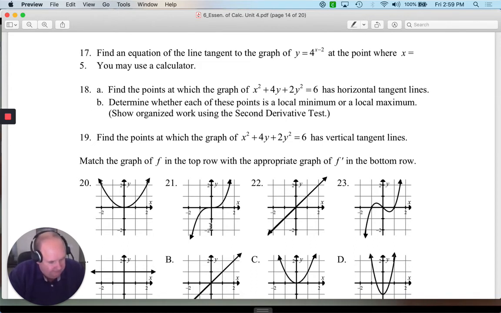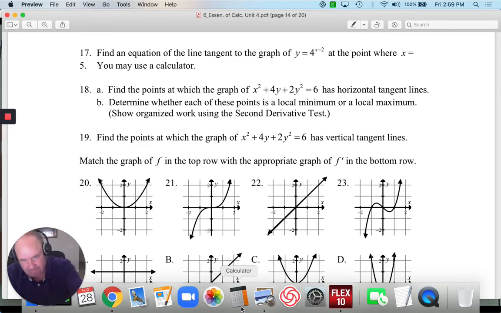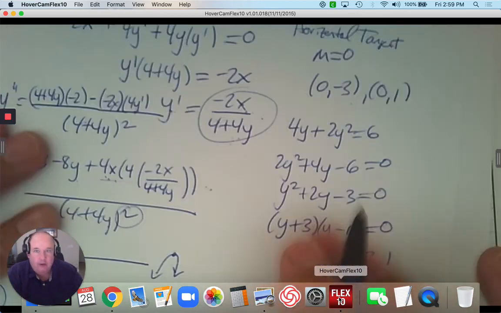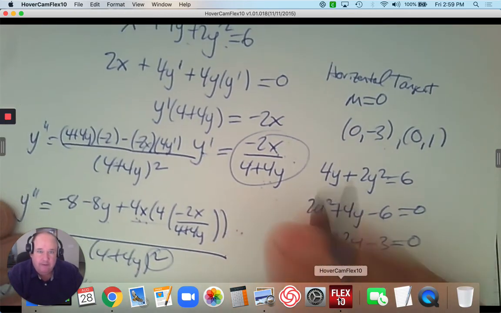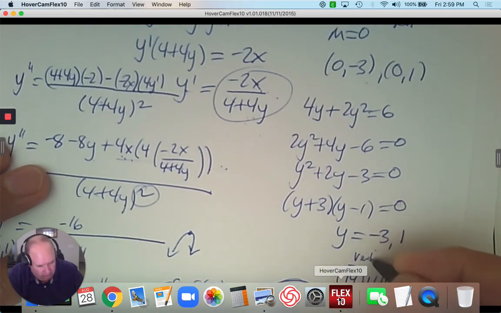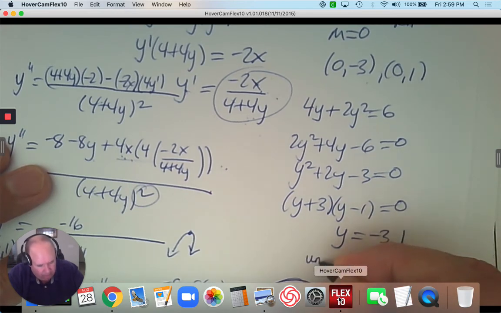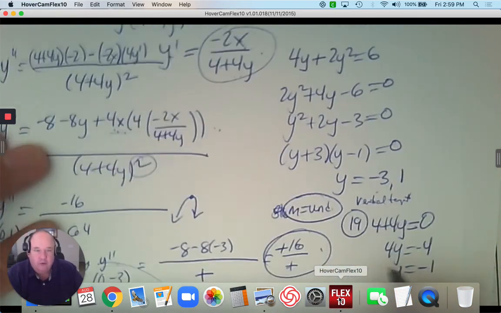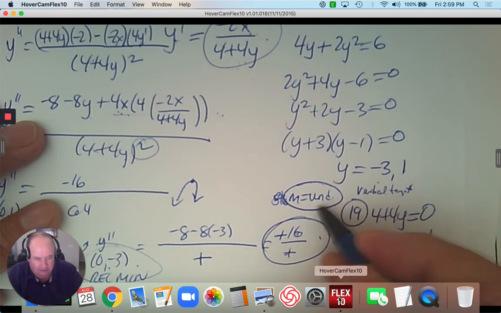So for that, just want you to see what I'm doing. 4 plus 4y. I took the first derivative, and vertical means undefined. A vertical line has a slope that's undefined. So when it says vertical, the slope is undefined.